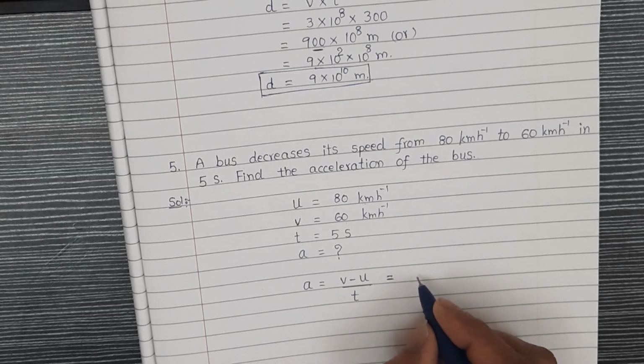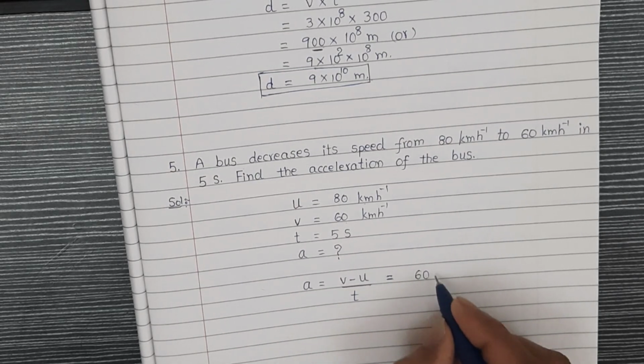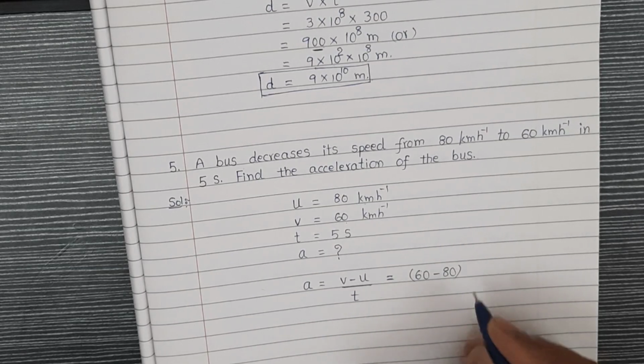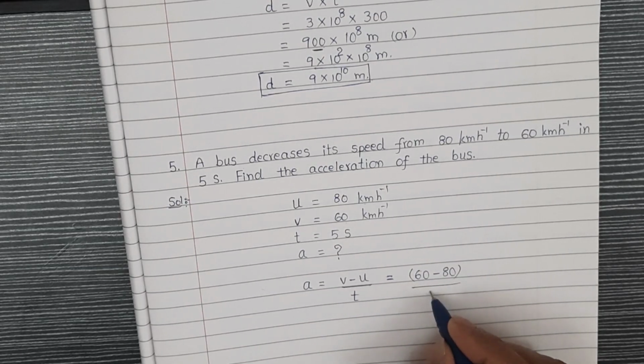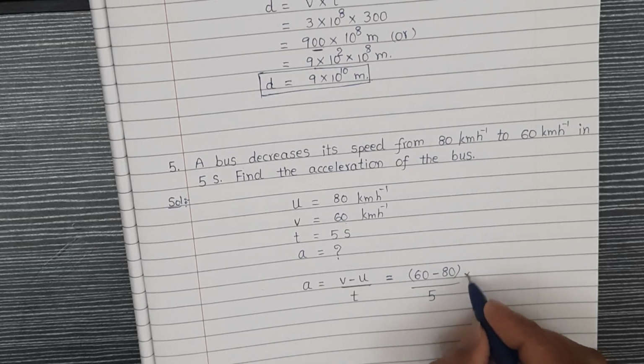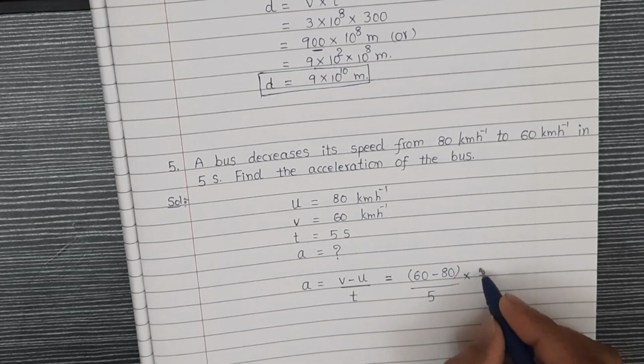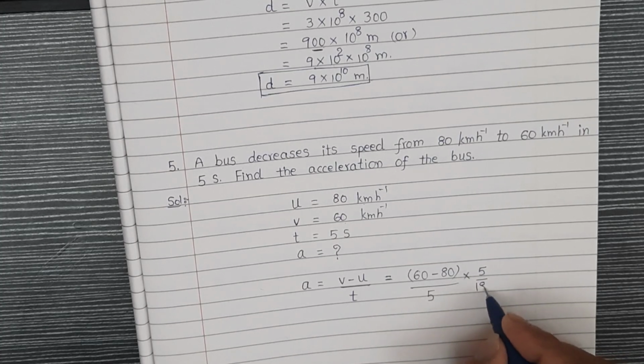a simple way, v is 60, u is 80. So 60 minus 80 whole divided by time is 5 seconds into, I am converting this kilometer per hour into meter per second by multiplying with 5 by 18.